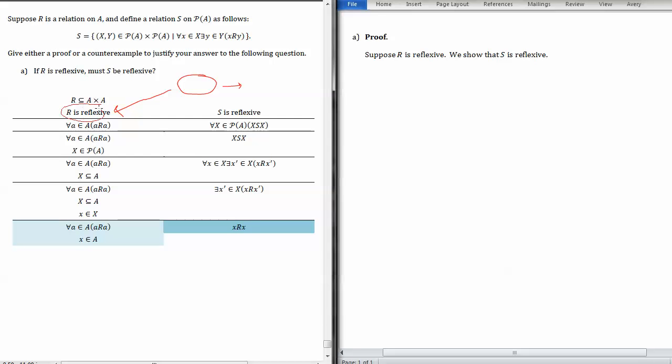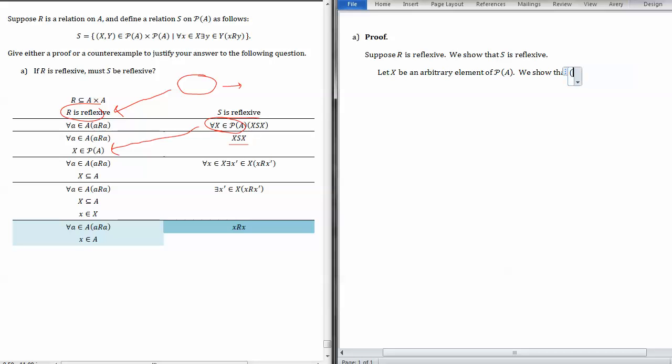Good, so that brought us here, and then we did a definition, and then we had to let X be an arbitrary element of power set of A. So that brought us to that and left us with this goal. So let me say let X be an arbitrary element of power set of A.